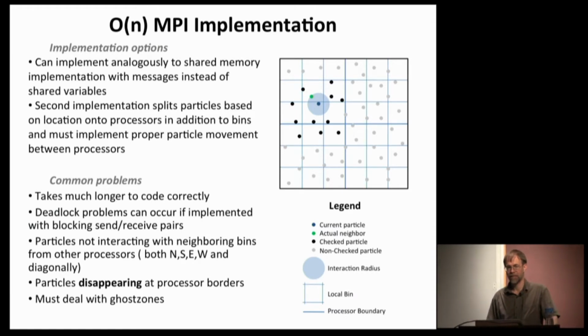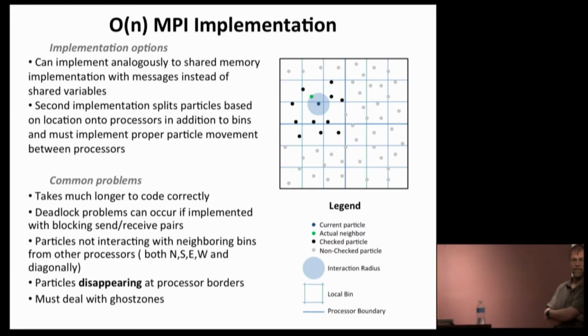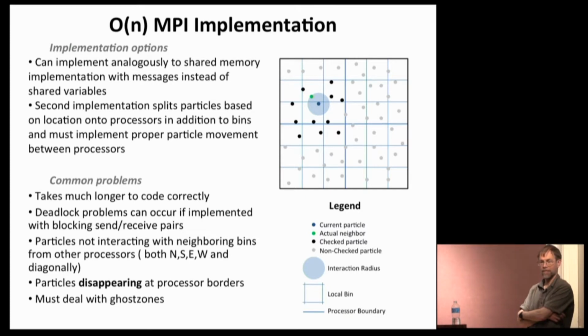And we have another question. Do you know good ways to parallelize the creation of the bins? Because you have to decide which particle is going to go into a bin. So it just involves a lot of writes to a data structure, which generally have tons of race conditions.